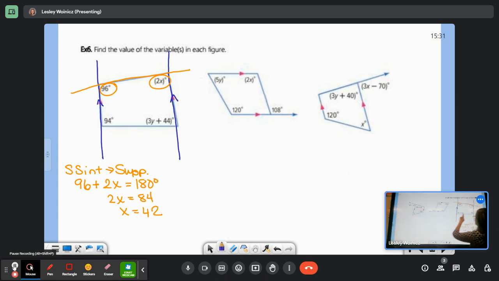All right, what about my second transversal? Here's my second one. Let me pick a different color, red this time. What relationship do these have? Are they supplementary or congruent? They are supplementary because they are same side interiors. So 94 plus 3y plus 44 all adds up to 180.